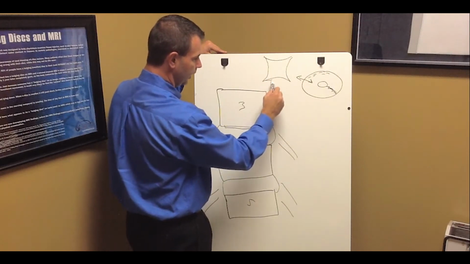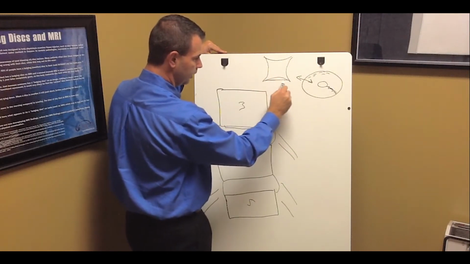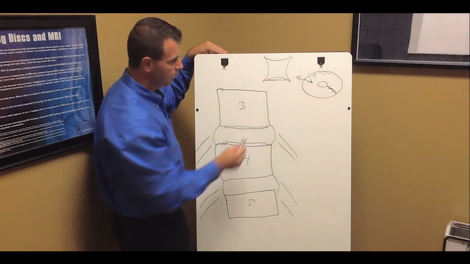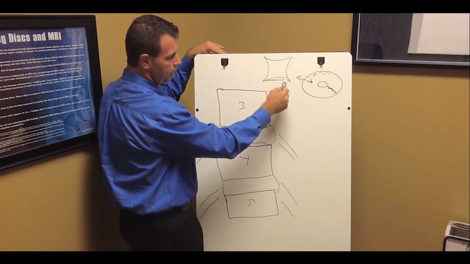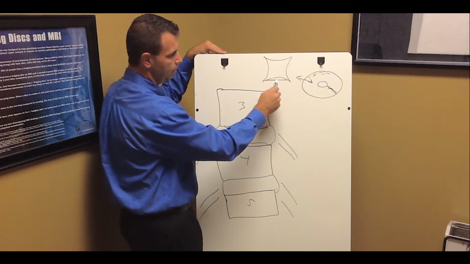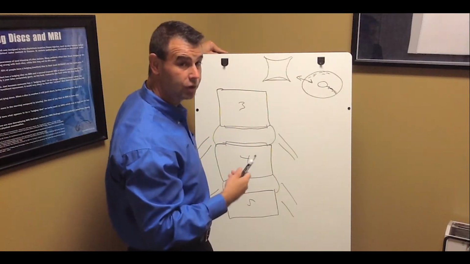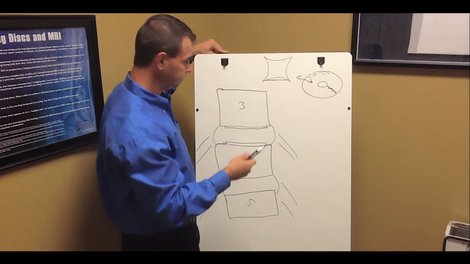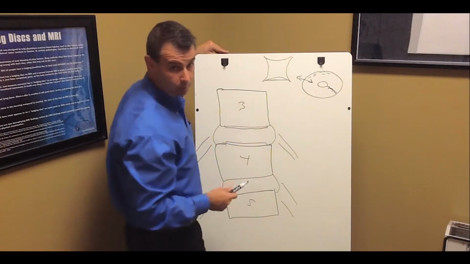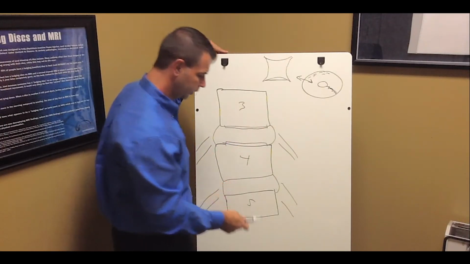Now, that cartilaginous end plate is still across there, but because of the changes in the shape of the bone, it's now bone strung across there, and it just makes it a little bit more susceptible to forces, a little bit more susceptible to injury.